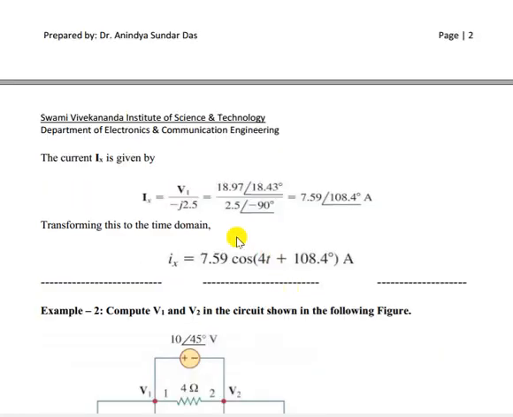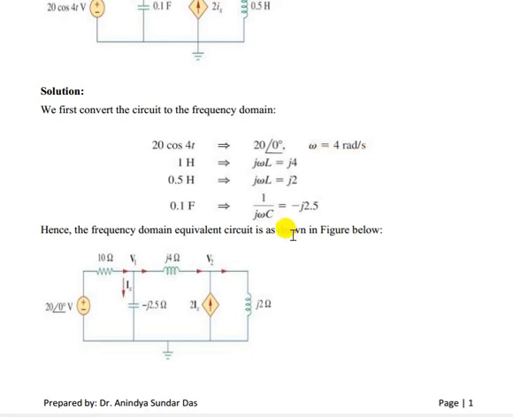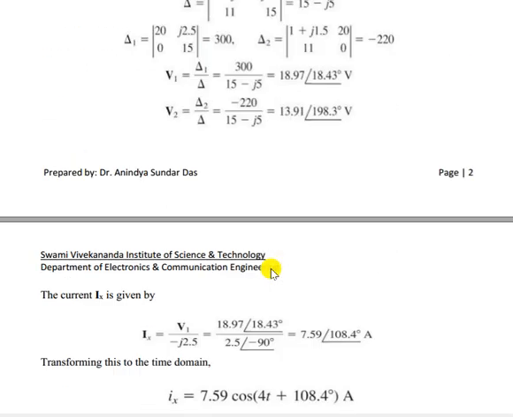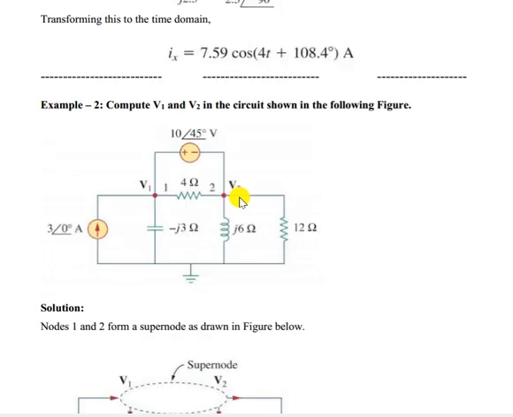From this we can find out Ix. Ix will be equal to what? This is the maximum value, then cosine of omega t. The frequency will remain the same for the AC circuit, that is 4. So 4t plus this angle you have to write. That is the value of Ix in the time domain.